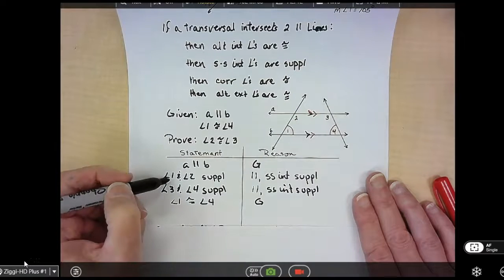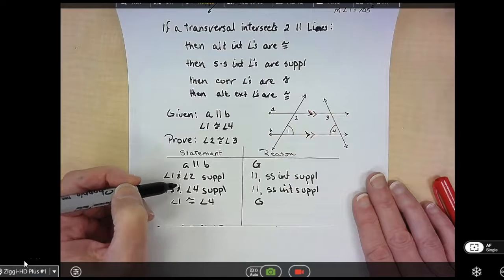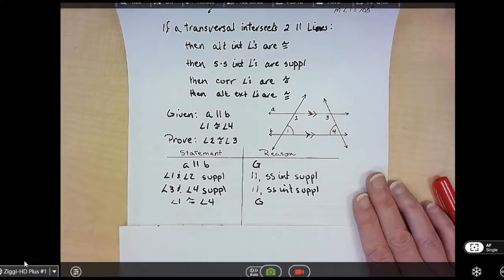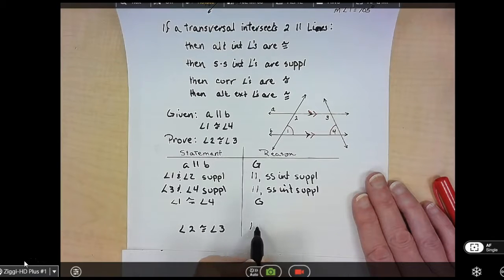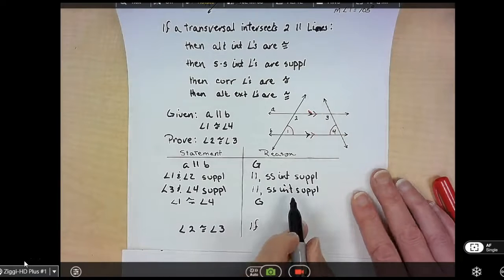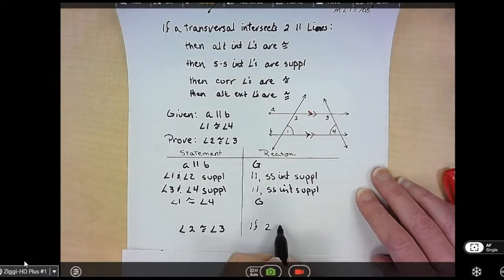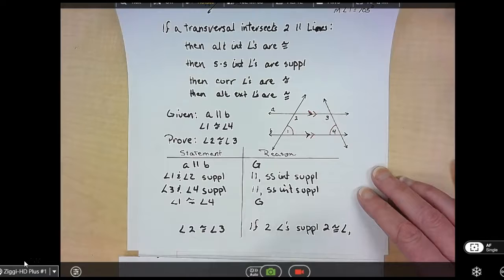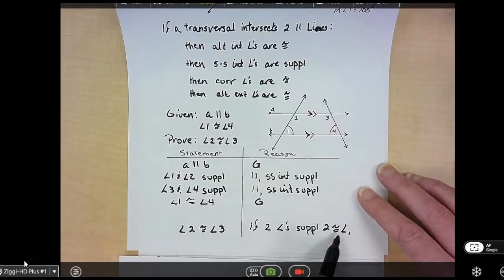And now, looking at this information, I have to go back and think about what I already know. And there was a theorem that we had that said if two angles are supplements to congruent angles, so if two angles are supplementary to two congruent angles, then the angles are congruent.